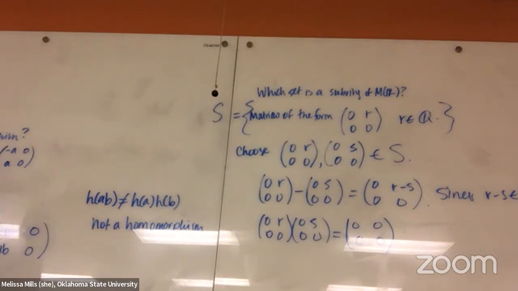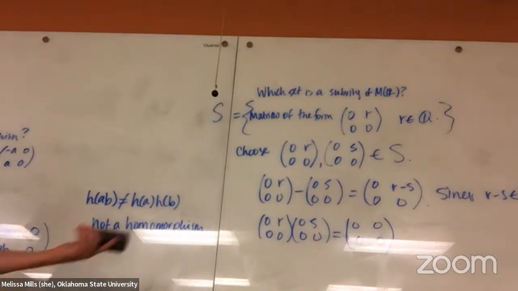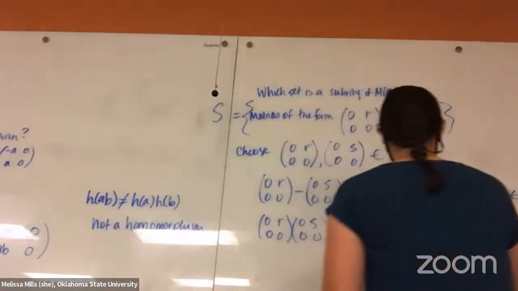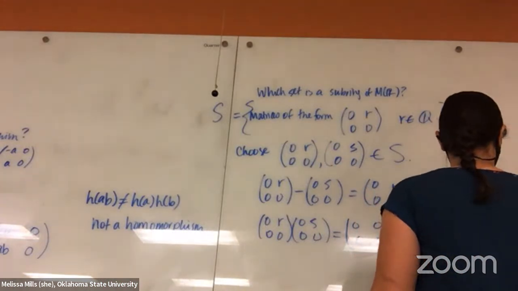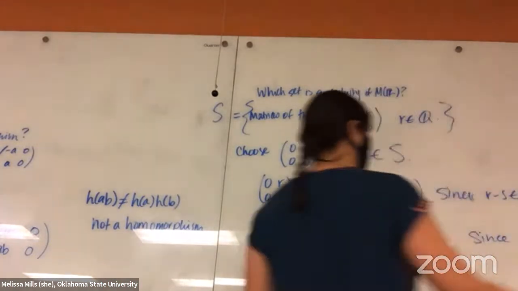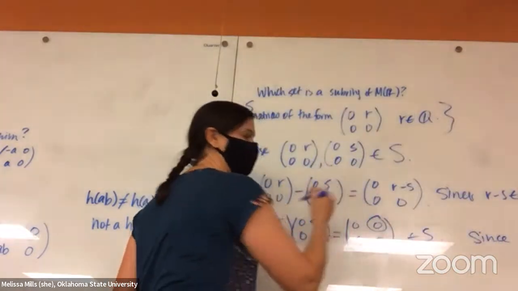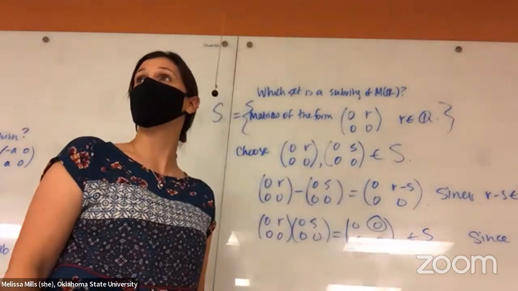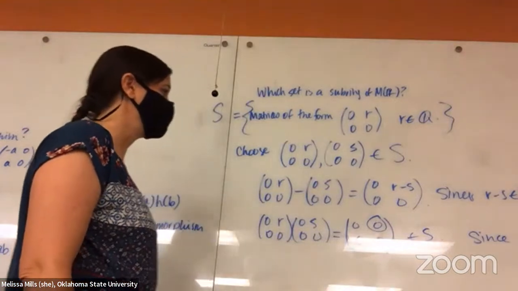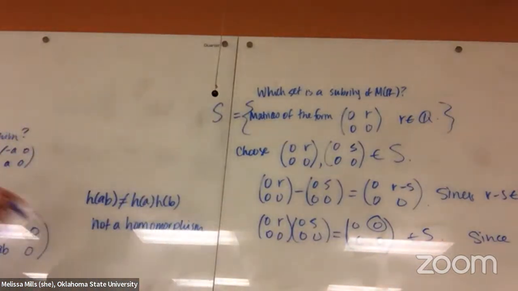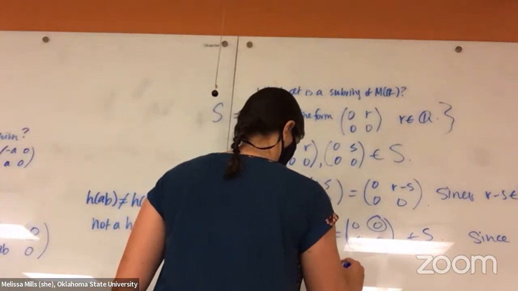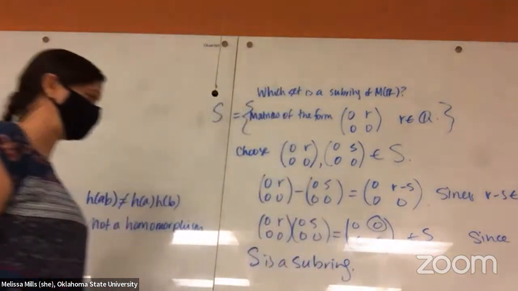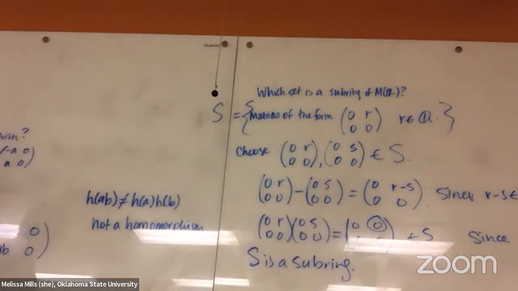Multiplication is kind of boring, but it is closed. So this is in S, since 0 is in Q, right? That top entry has to be an element of Q, and it is. So it is closed under multiplication and subtraction. So S is a subring. But the multiplication in S is not very exciting.